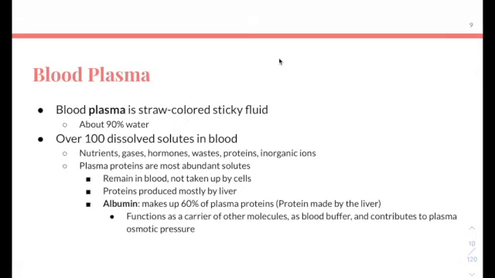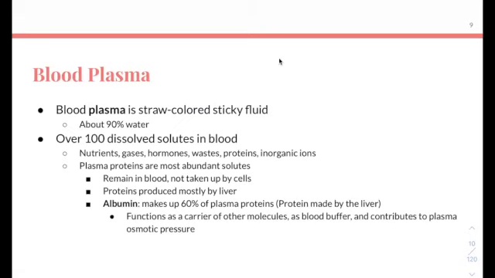There are plasma proteins that are also in the blood, and they remain in the blood. There are no cells outside of the blood system that need those plasma proteins, so they're always floating around. The main plasma protein is actually albumin.